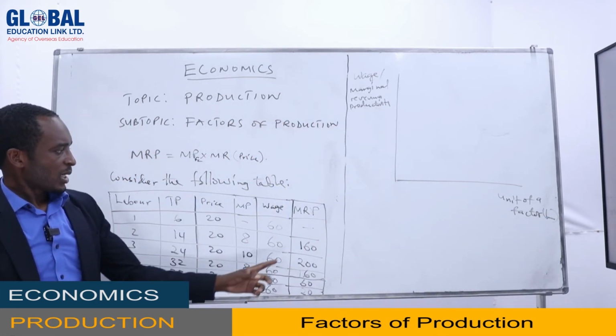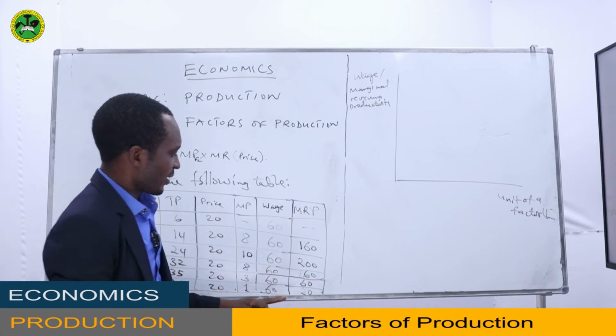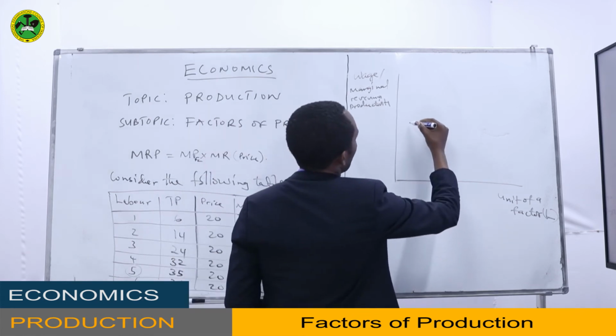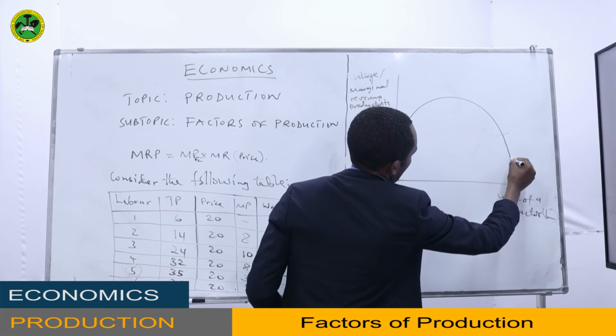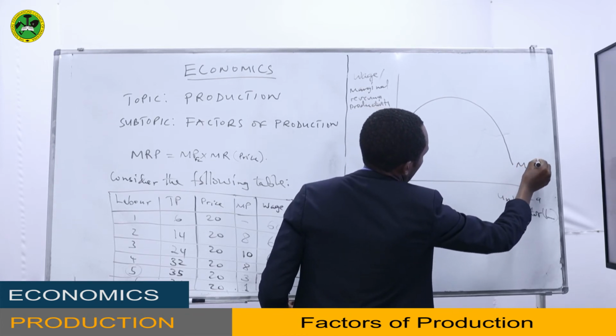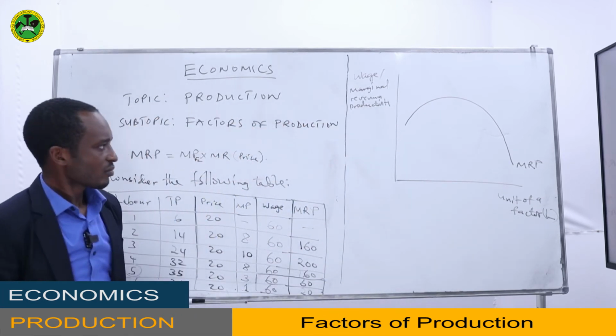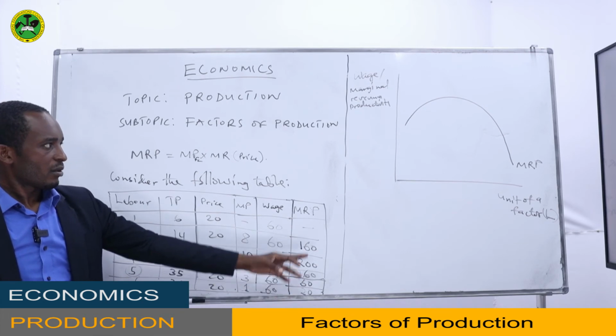When you draw this marginal revenue productivity, the curve will look like this. This will be the MRP. So when you sketch the graph of this one, it will be like that.